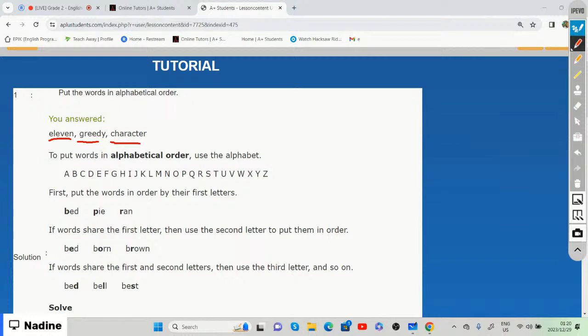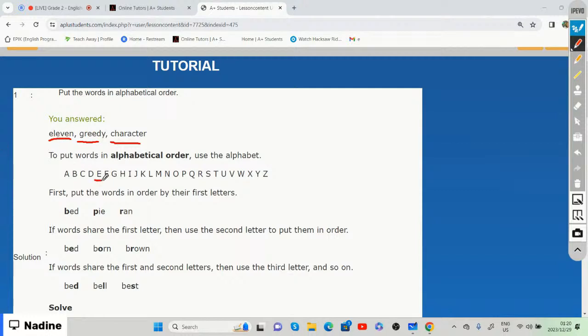We're going to use the first letter of each one of those words to put the words in alphabetical order.